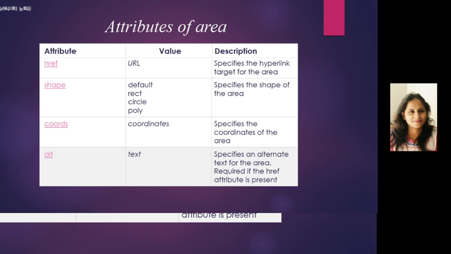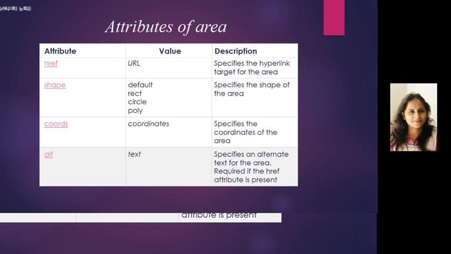Rect specifies a rectangular area with 4 coordinates. Circle defines a circular region. It requires 3 coordinates. Poly defines a polygon region with coordinates specifying each point on the polygon. It requires 4 or more coordinates.